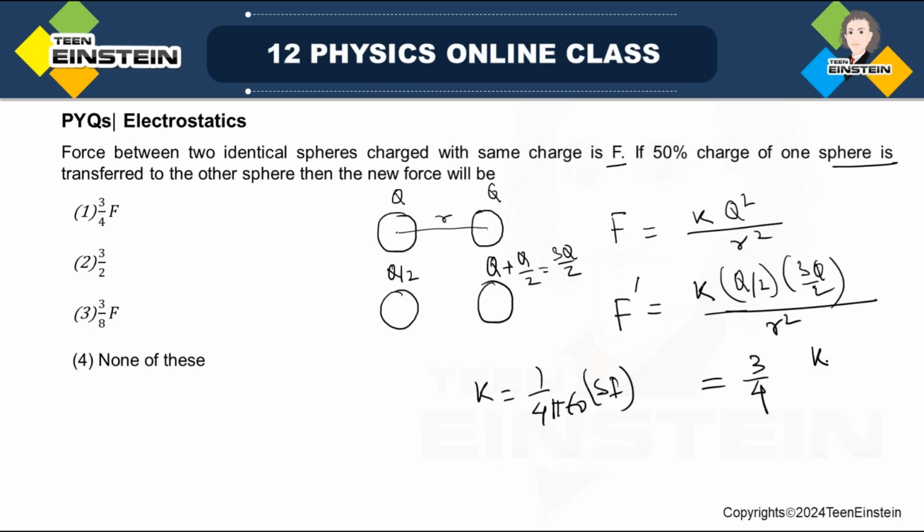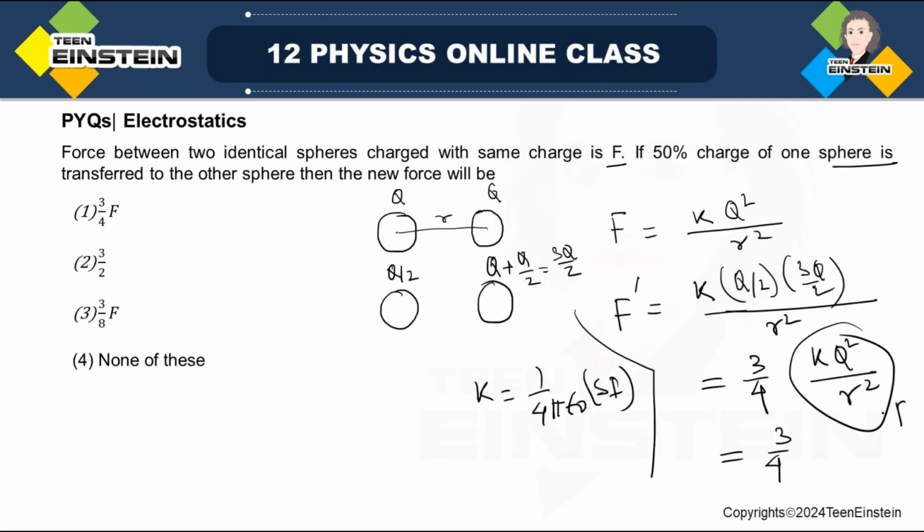So I get k q square by r square, and this is nothing but F, isn't it? So I get 3 by 4 into F. So the new force will be 3 by 4 into F. So this is the answer.